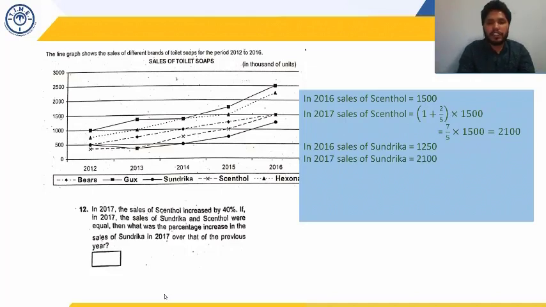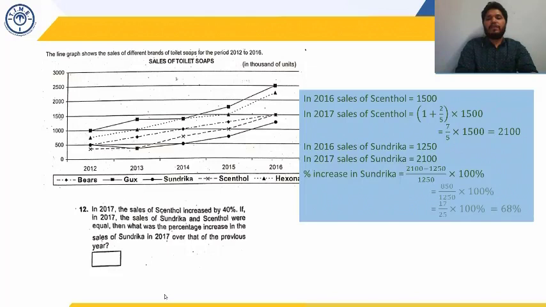So what is the percentage change? Percentage increase in Sundrika is final minus initial divided by initial into 100, which is 2100 minus 1250 divided by 1250 into 100%, which comes out to be 850 divided by 1250 into 100, or 17 by 25 into 100%, which is 68%.